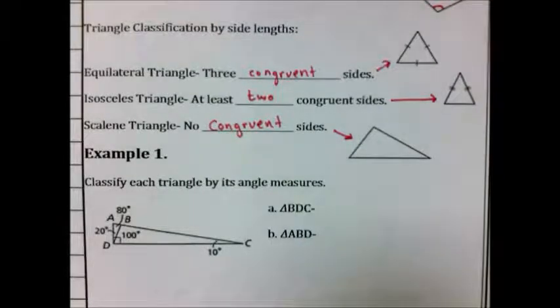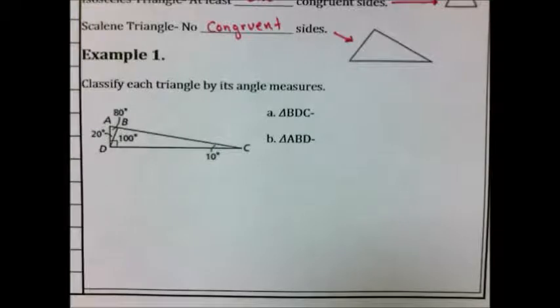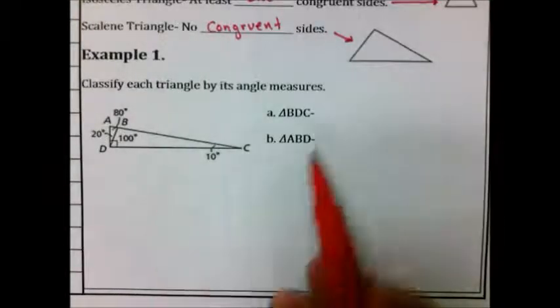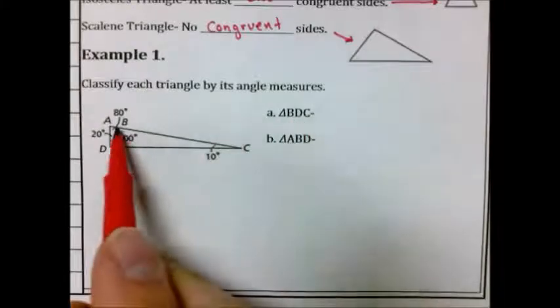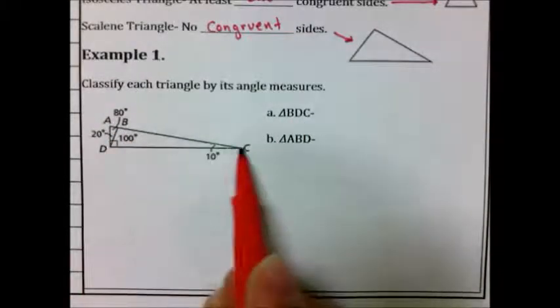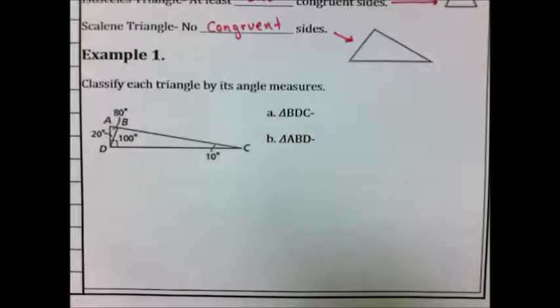Alright, let's do an example. Example 1 says we need to classify each triangle by its angle measures. The first one we're looking at is triangle BDC. That's this triangle formed right through here. Remember, there are 4 classifications for angle measures: an acute triangle, equiangular triangle, right triangle, or an obtuse triangle.